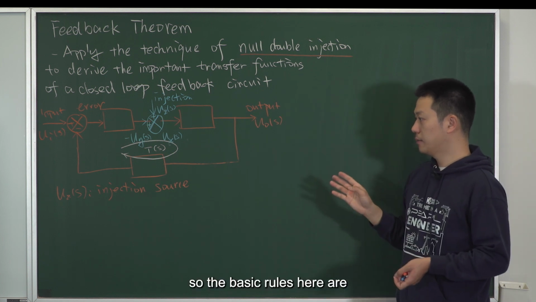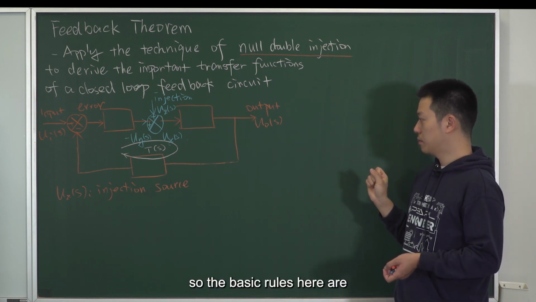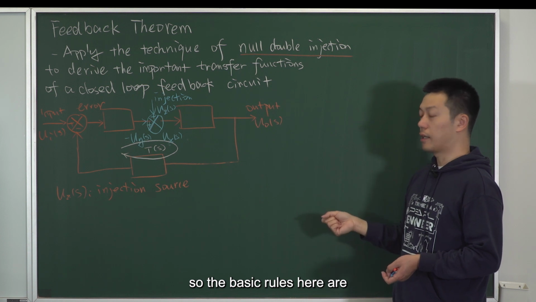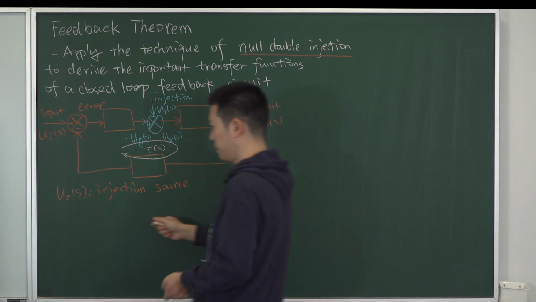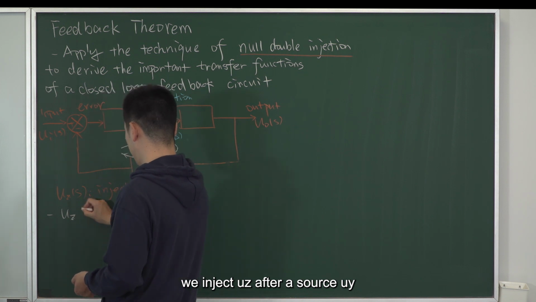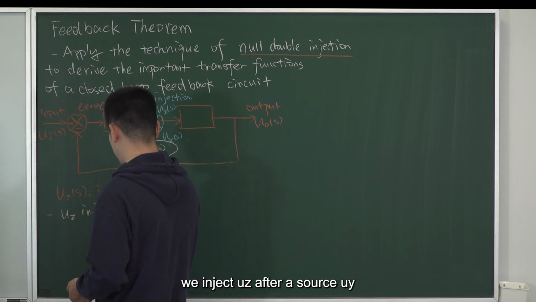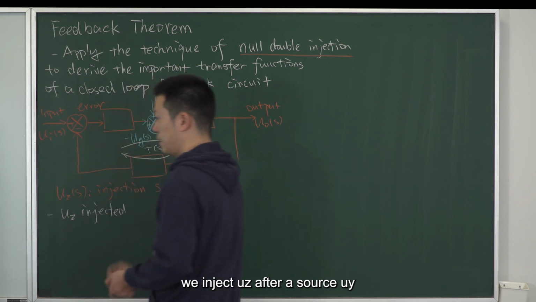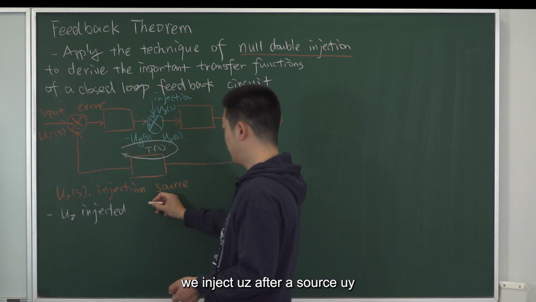So the basic rules here are: first, we inject UZ, right? After a source, UY.